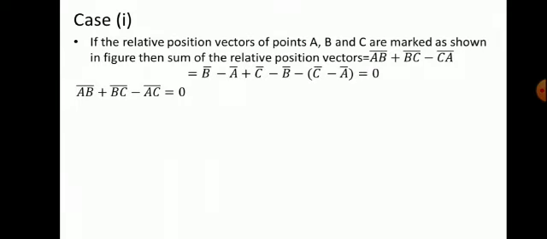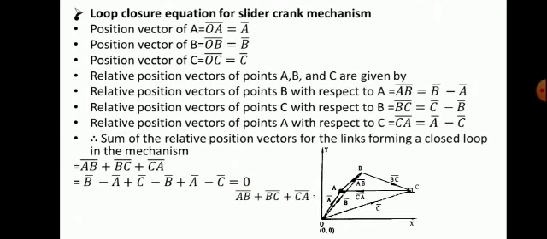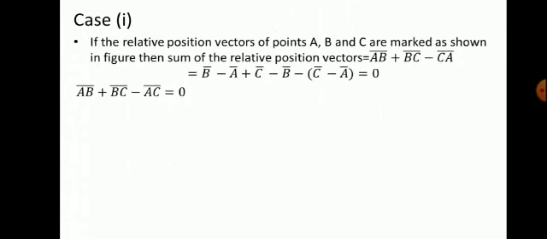AB plus BC, why minus CA? We can observe here minus CA. Minus CA means A minus C. Therefore, AB plus BC minus AC is equal to 0.